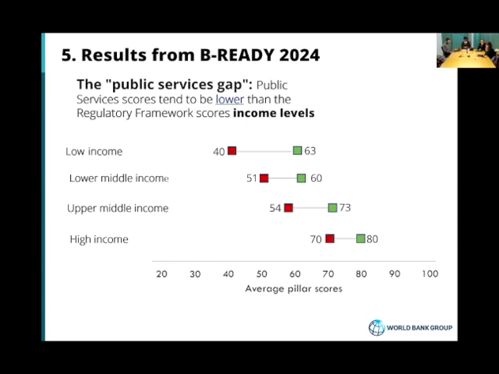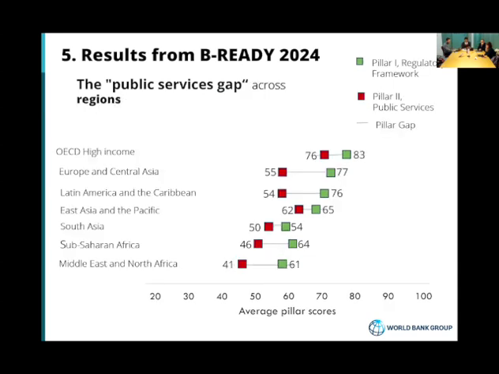On the next slide, we see the same to exist across regions as well. Great. So here on the slide, we also see that the public services gap, not as amplified as you would have seen across income levels, also exists. Again, stating that perhaps in our data, we find that economies find it easier at enacting regulations than providing public services.